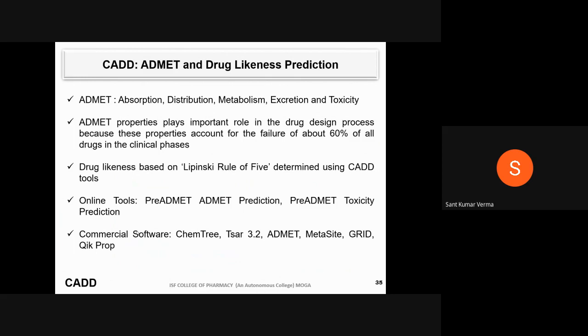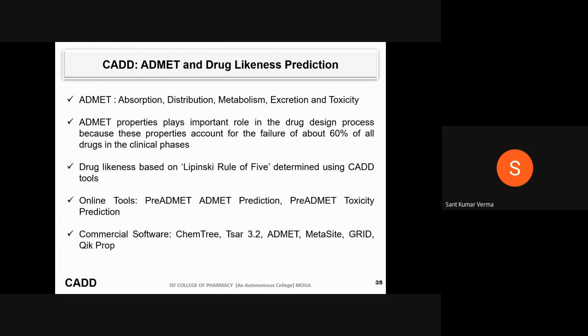There are a number of tools available from where we can predict the ADMET of the molecules prior to going to preclinical or prior to going to synthesis. It can save lots of money, it can save lots of effort. There are a number of tools like PreADMET, ADMET prediction, PreADMET toxicity prediction.